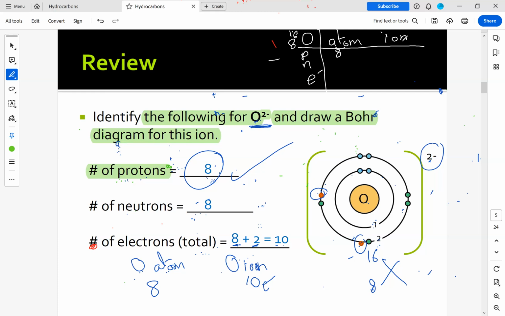In the case of the ion, how many protons does oxygen have? 8, very good. How many neutrons does the oxygen have? 8, because 16 minus 8 is 8. And in the ion?